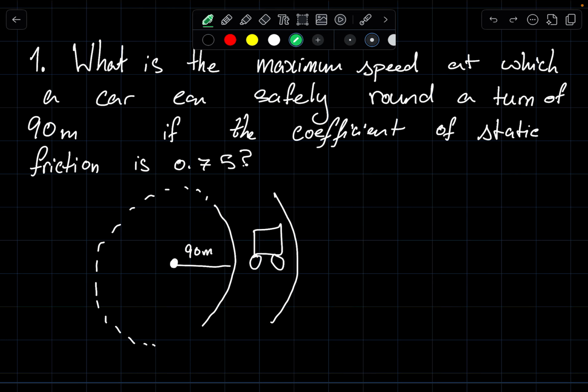So since friction is the only force here, we're gonna have the centripetal force, the force of friction, which is directed towards the center of the circle. The static friction in this case equals mu s times the normal force, which is just mg, since they didn't say it was a banked curve, it was just a normal flat street, right?